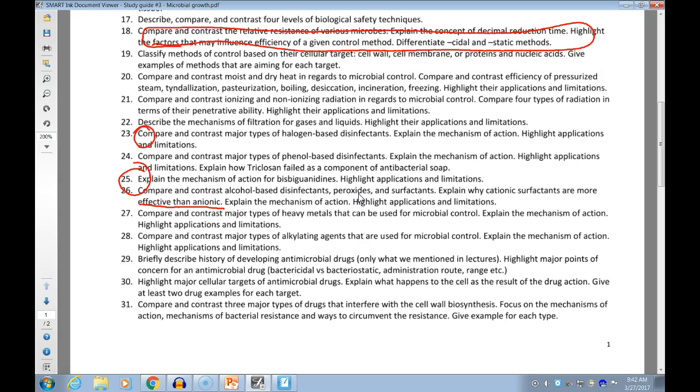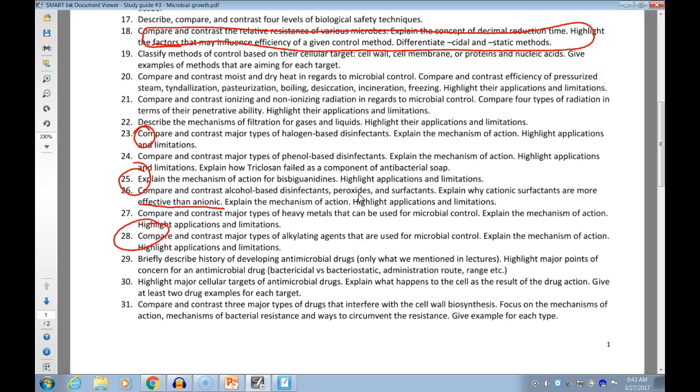Let me say a few words about the alkylating agents. Alkylating agents, gaseous: ethylene oxide, propylene oxide, formaldehyde. Liquid: formalin, which is formaldehyde solution in water, glutaraldehyde, beta-propiolactone.